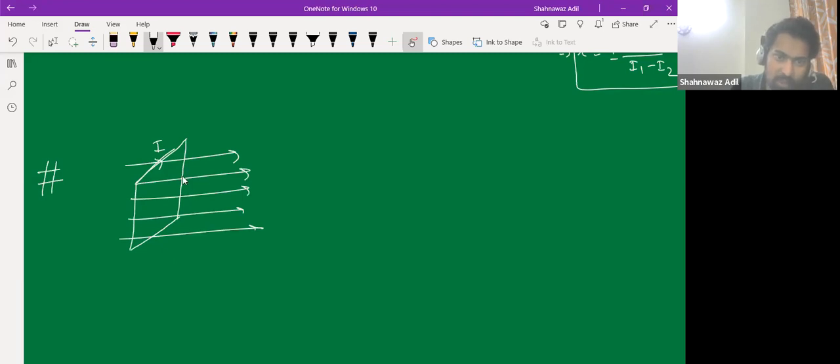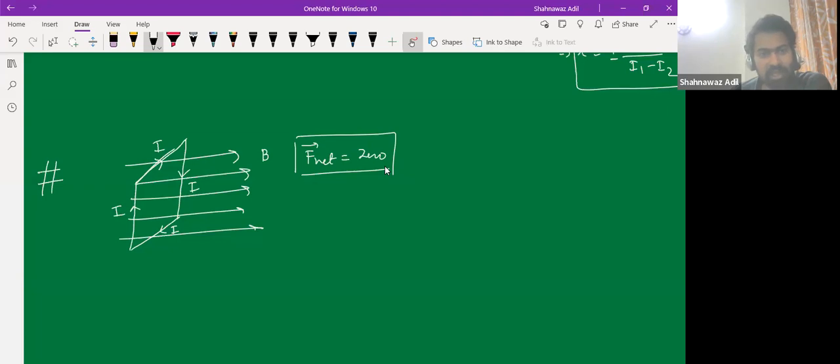On this loop carrying current, what is the F net that you get? The magnetic field is perpendicular to this one, so if you calculate all these things, you will find out that F net is zero.